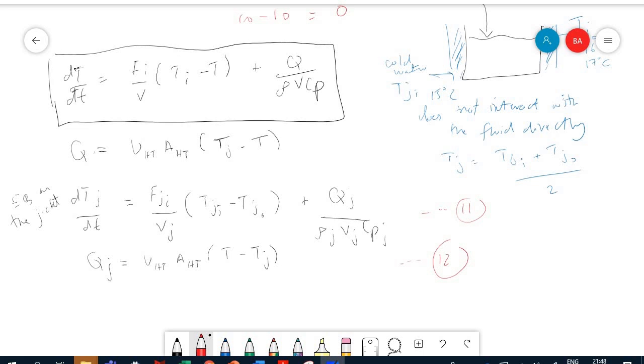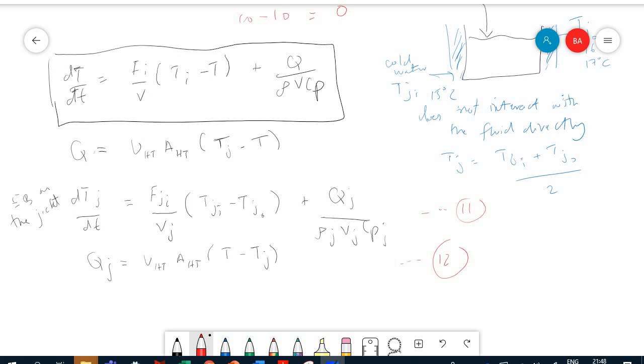What are the two more variables? We have Tj and Qj, and of course we have more inputs: we have Fj and Tj in, and Tj out. All these variables are known values that we do have. Here we just consider that this is in minus out.